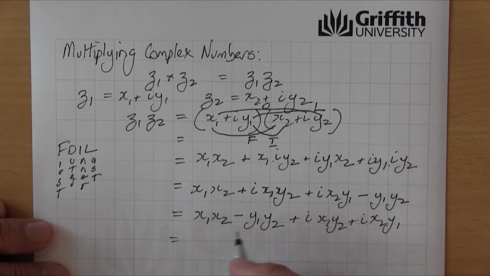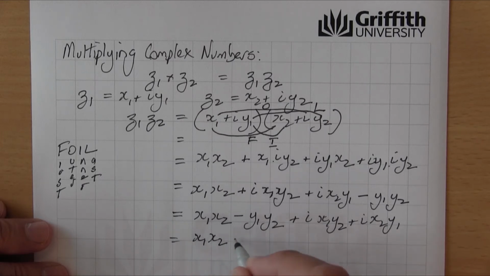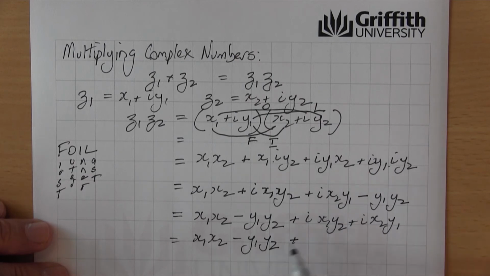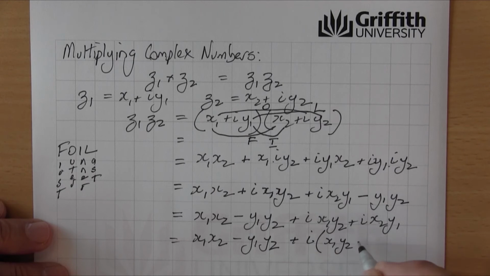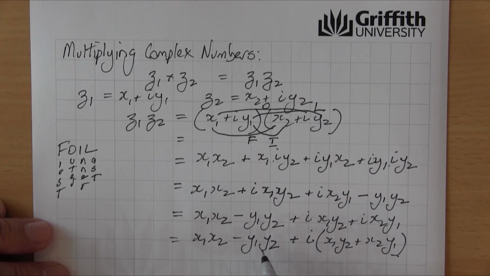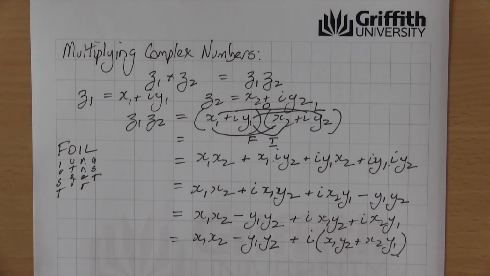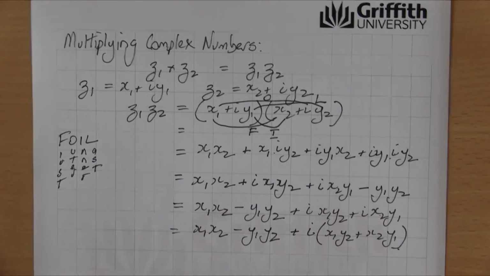Once again, we can write it in real and imaginary terms: x1 x2 minus y1 y2, plus i can come out the front using the distributive law, x1 y2 plus x2 y1. So this is the real part of the product, and this bracket here would be the imaginary part of the product. So we probably need to do an example to show how all that is put in place.